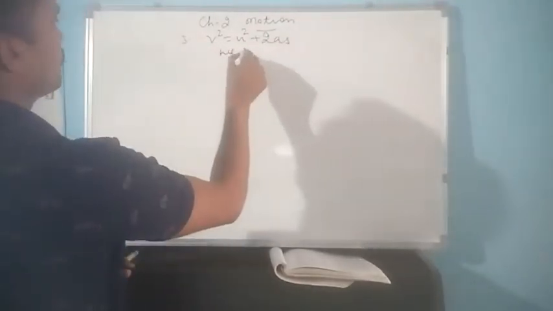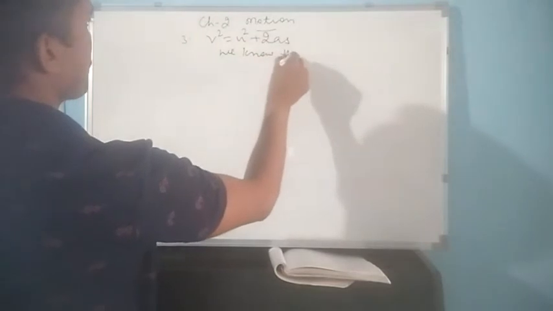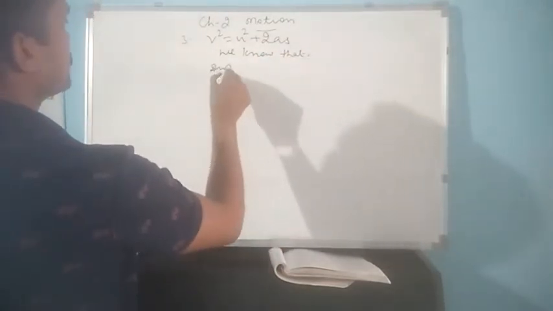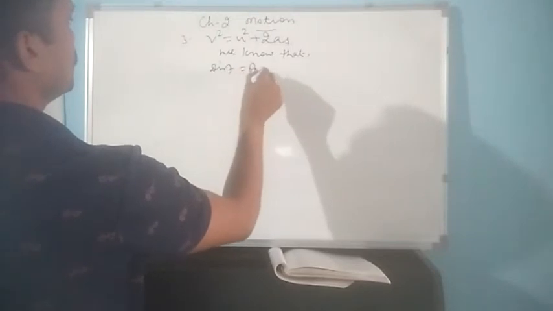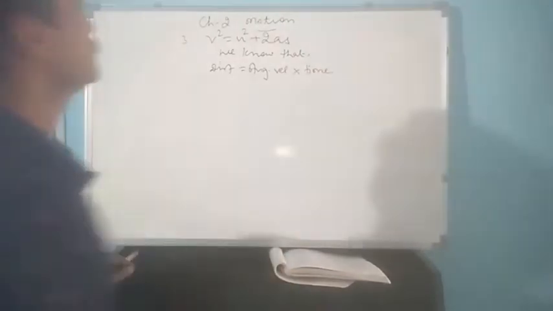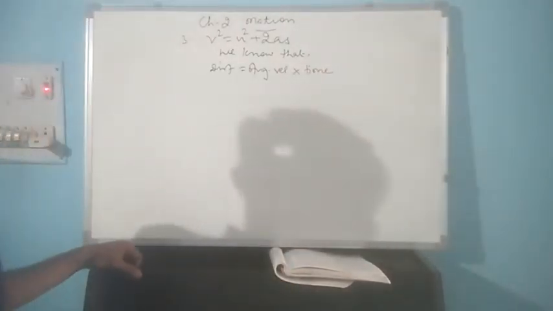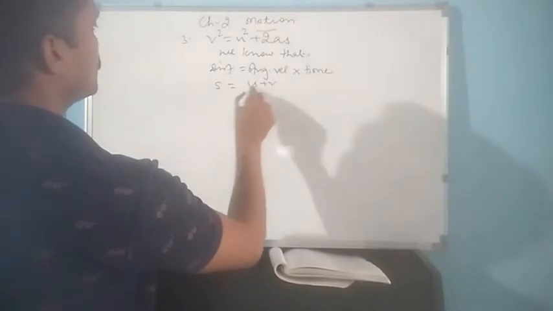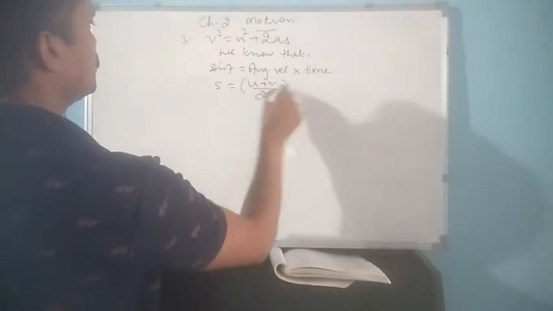We know that distance is equal to average velocity into time. s equal to average velocity, u plus v by 2, into t.